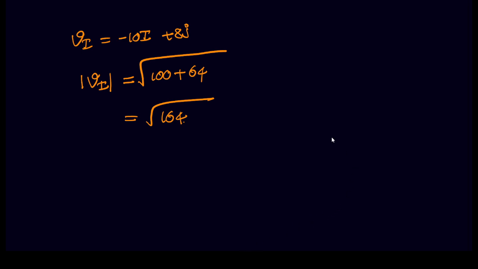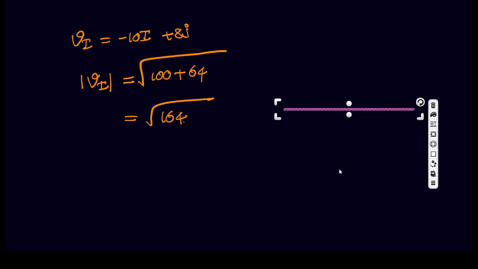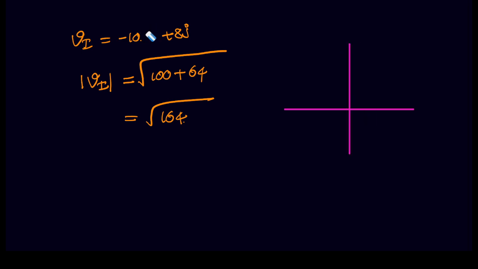So what about the direction? We can see here we have i, this is the i. So this is like this, minus i plus j. So this is velocity of image, it is like this.